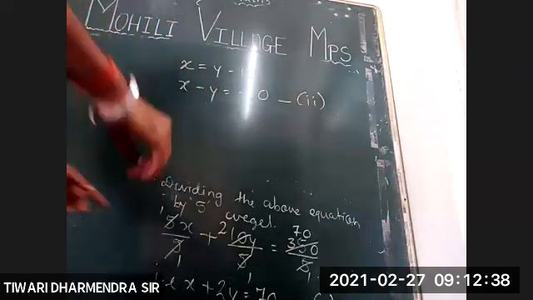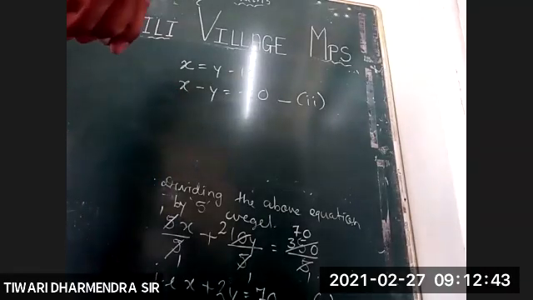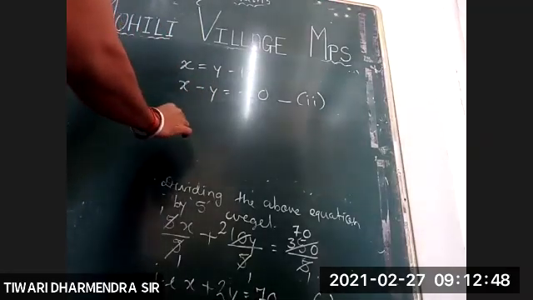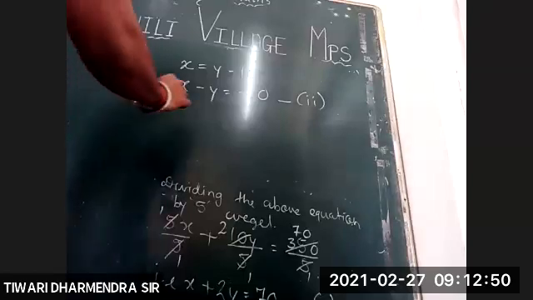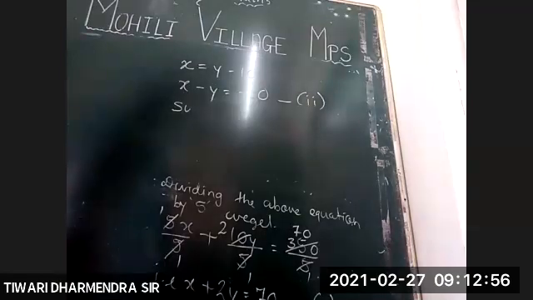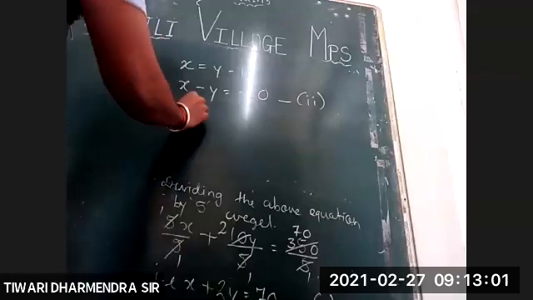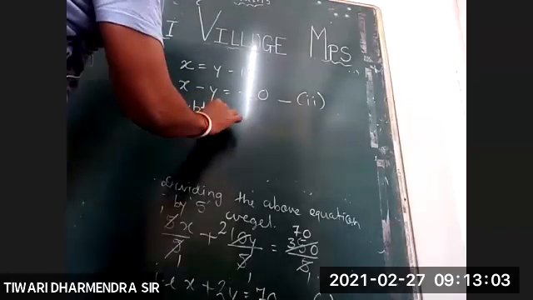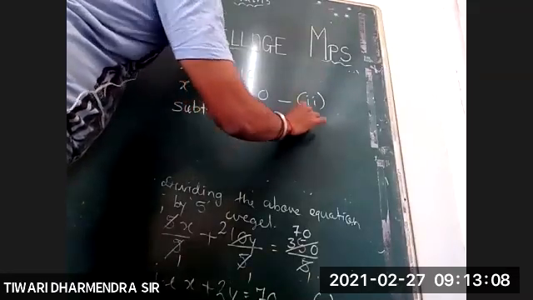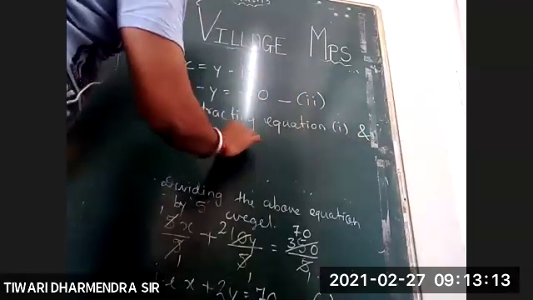So now we can see that the coefficient of x is the same. So we will subtract equation 1 and equation 2.